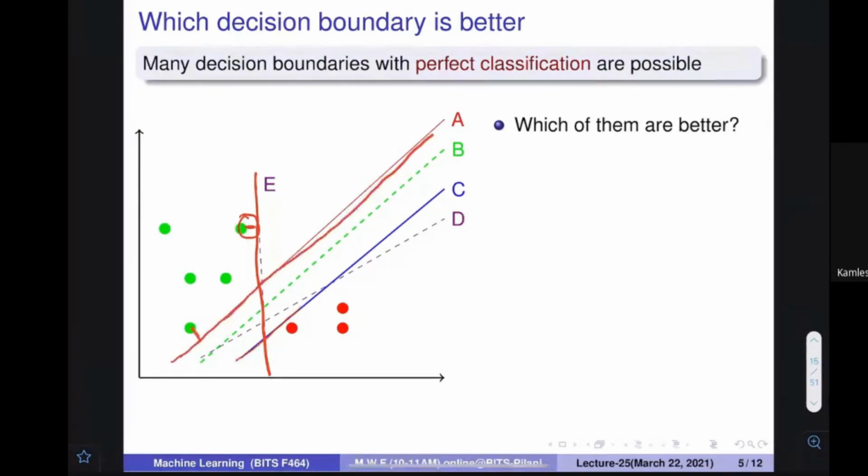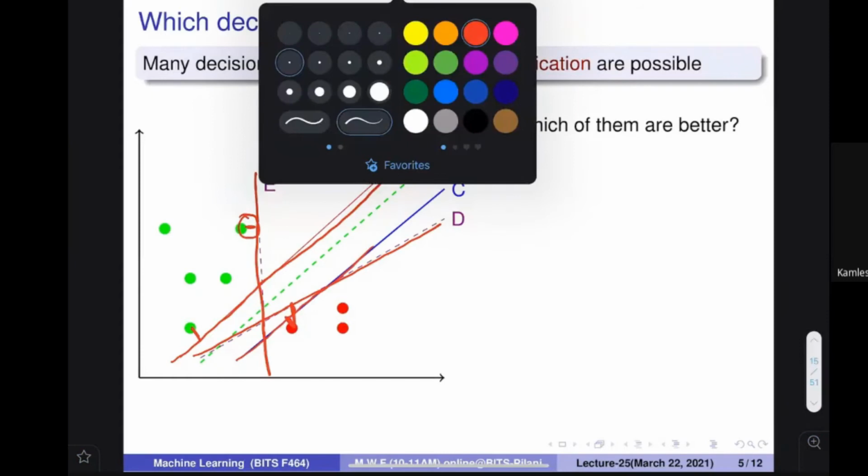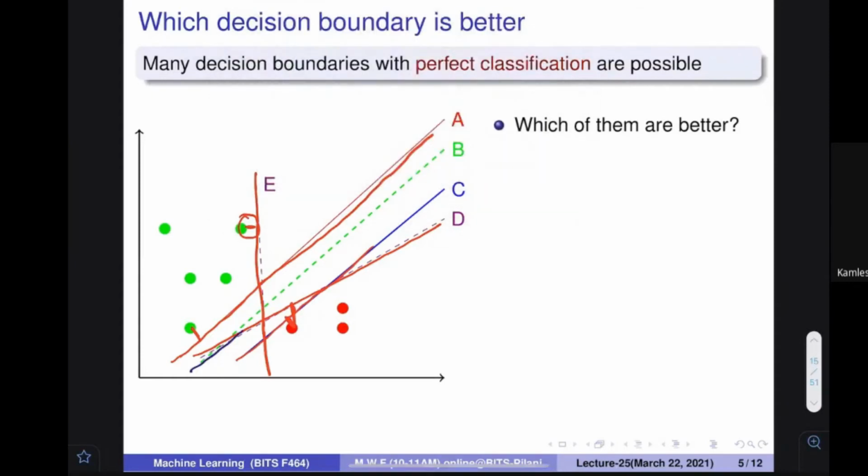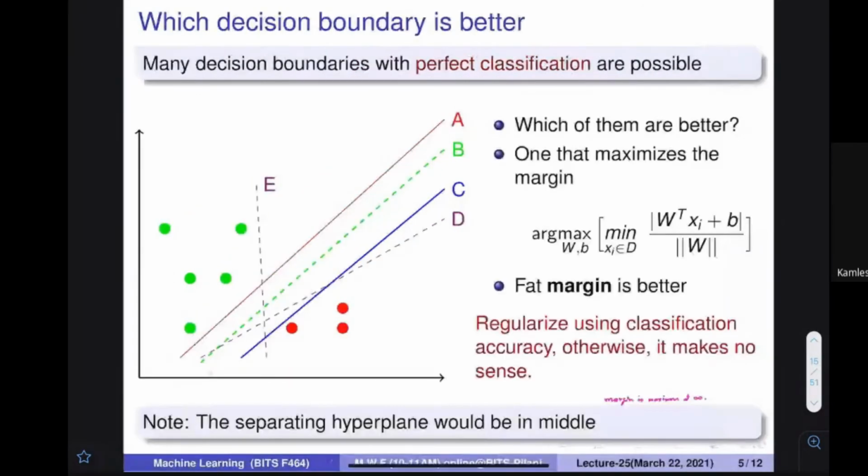And this line, the minimum looks like this. But if I use this line, B1, then the margin would be this much, and this is the largest margin. It has the highest margin. Make sense? So all the lines are not equally good.